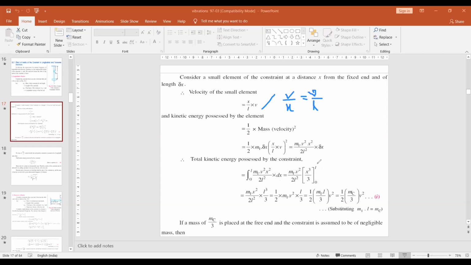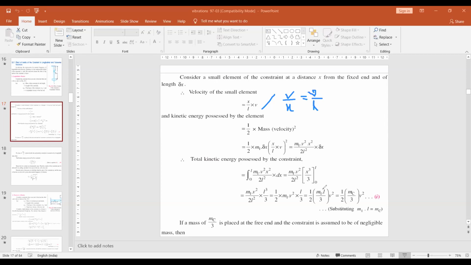When we substitute the l value, we get m1 v square by 2 l square into l cube by 3. That equals half into m1 v square into l by 3. So when we write that, it is half into m1 l by 3 into v square. Now it seems similar, that is the kinetic energy of the constraint.